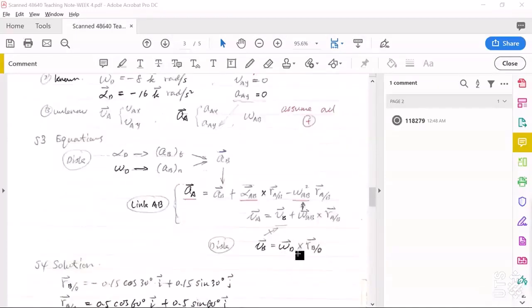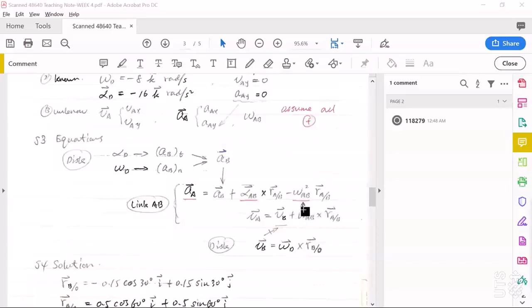Because we already know omega D, the angular velocity of disk, so we can easily work out VB. In link AB undergoing general plane motion, we know VB, we know VAY is 0, VAX is unknown. So if we use relative motion analysis of velocity, we can easily work out VAX and omega AB.